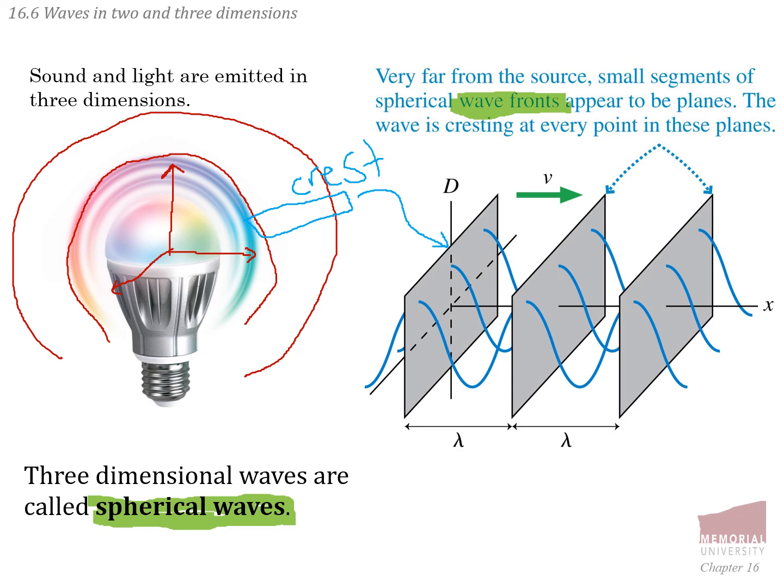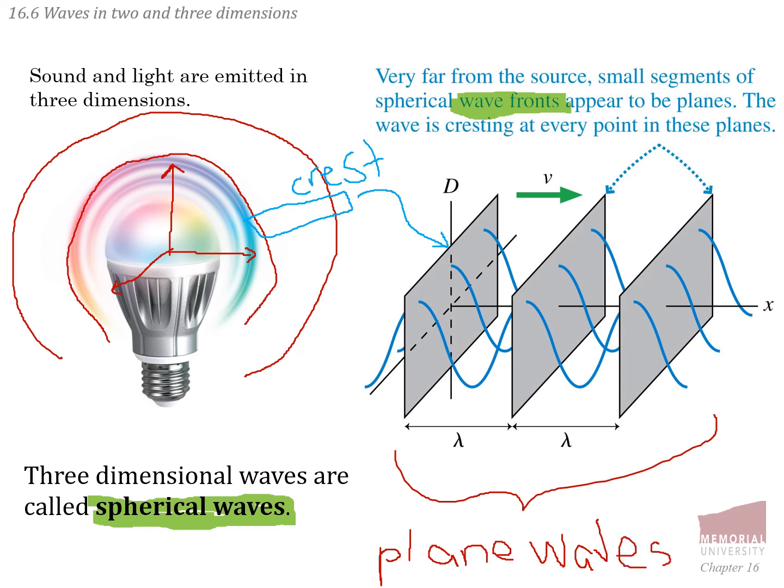And in this case, we call these plane waves. This is something we're going to use as a resource in Chapter 17. These are plane waves. Okay, so that's the nature of one-, two-, and three-dimensional waves.